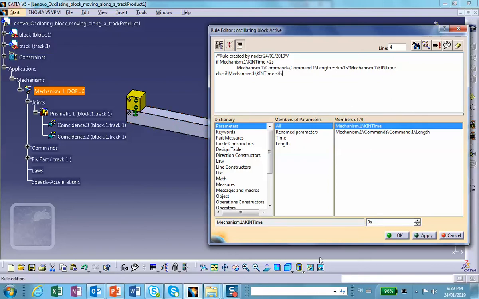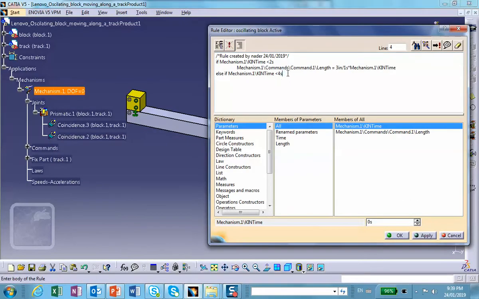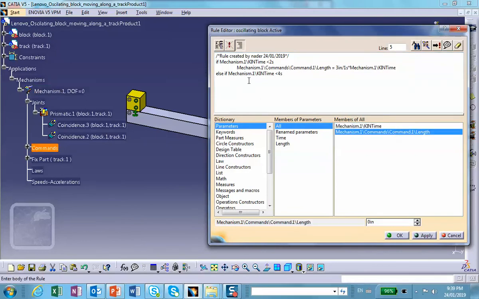is less than, now let's see, 4 seconds. Again, look at your graph. So between 2 and 4, it's doing an oscillation, which is according to this expression. So then the position is equal to 6 inches, because it reaches 6 inches after 2 seconds to begin with, plus then it does an oscillation with an amplitude of 6 inches.